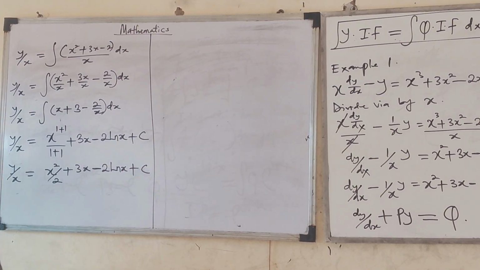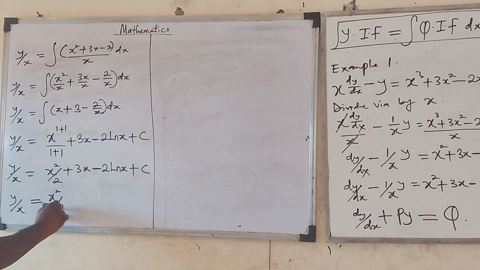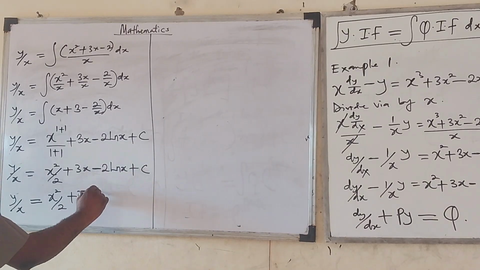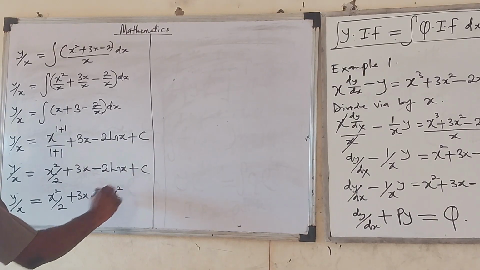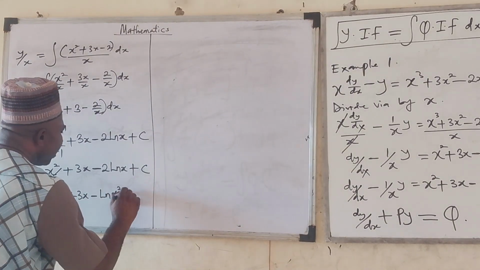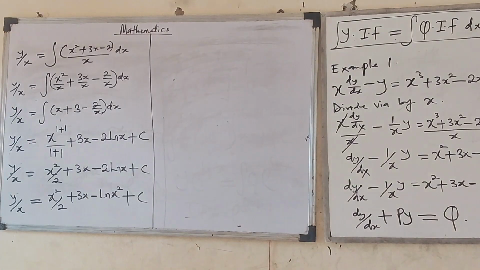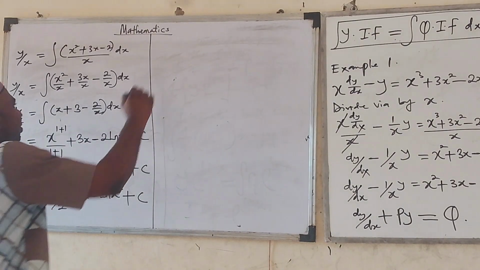Now this is the same as saying y all over x is equal to x squared all over 2 plus 3x minus, this 2 ln x is the same as ln x raised to the power of 2, plus c. So now let's multiply through by x.